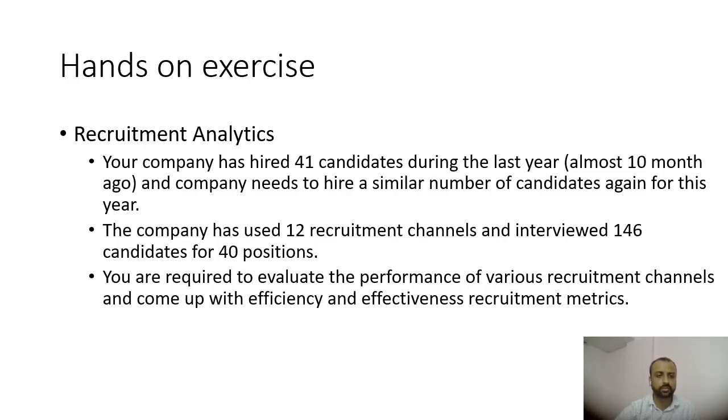You are required to evaluate the performance of the various recruitment channels and come up with efficiency and effectiveness recruitment metrics. Before moving on to the Excel sheet, we should take a look at the questions that we need to answer and how we should approach this problem.